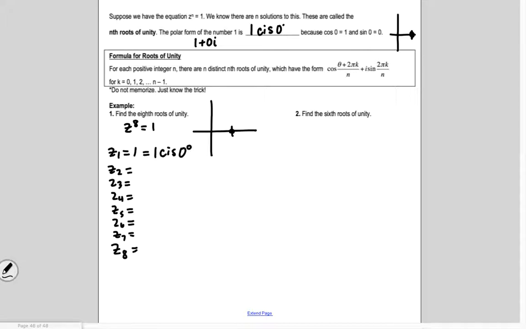All right, if I take my 360 degrees and divide by 8, I get 45. So the next one is going to be 1 cis 45. Then I'm going to have 1 cis 90, 1 cis 135. You just keep adding 45 all the way around.